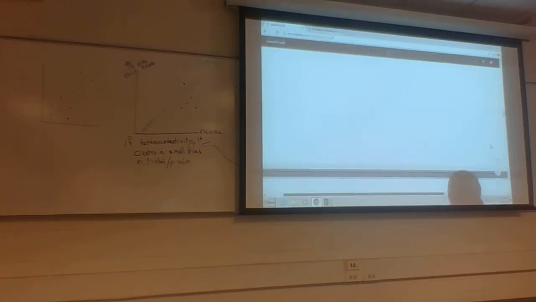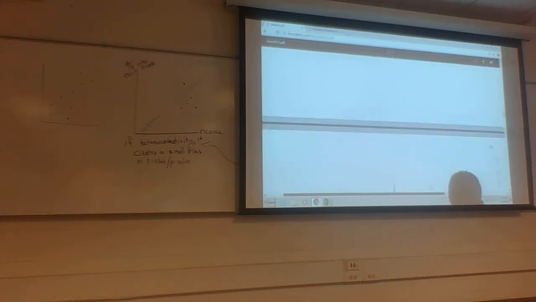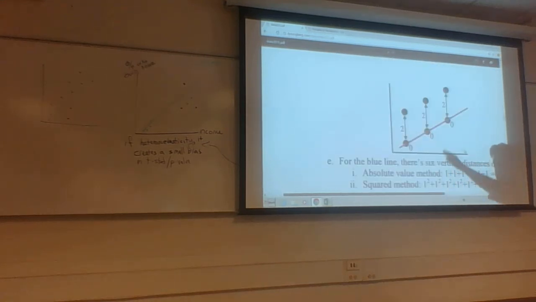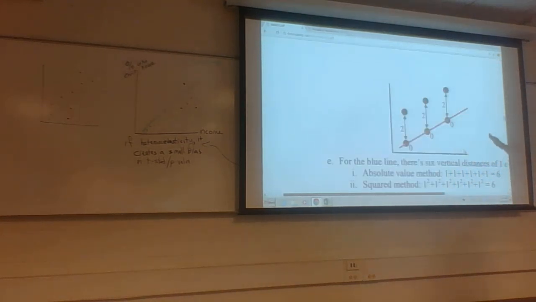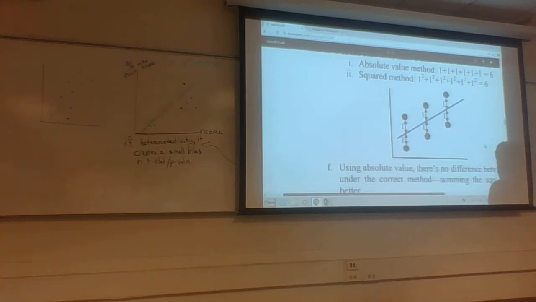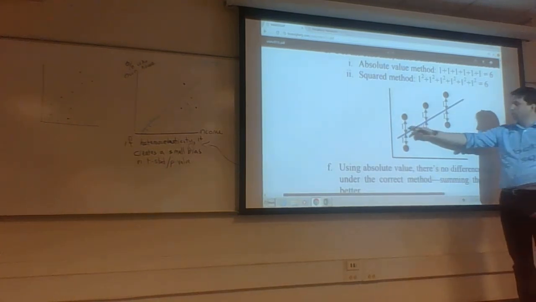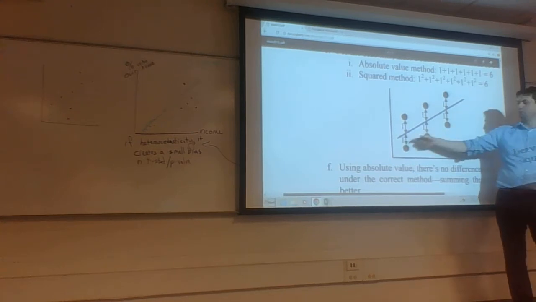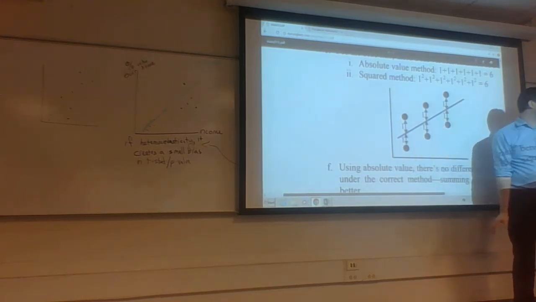The red line would be 2 plus 2 plus 2 plus 0 plus 0 plus 0, and that's 6. If you do this one, it will be 1 plus 1 plus 1 plus 1 plus 1 plus 1, also 6. So they would be equally good.